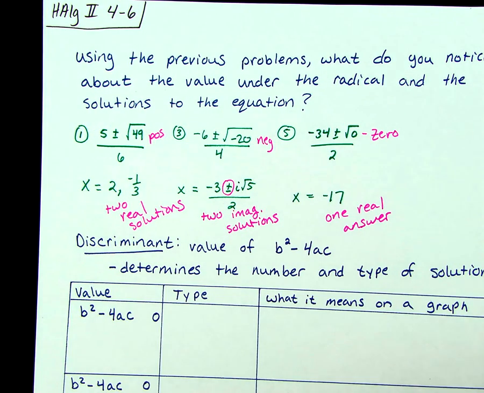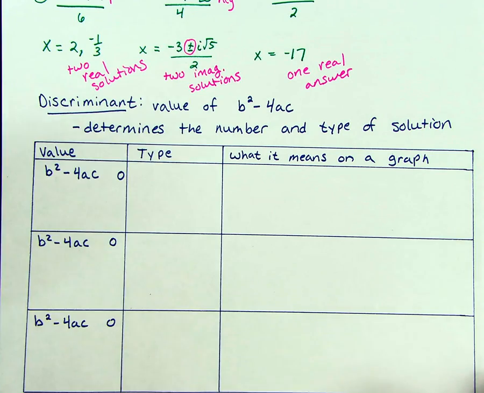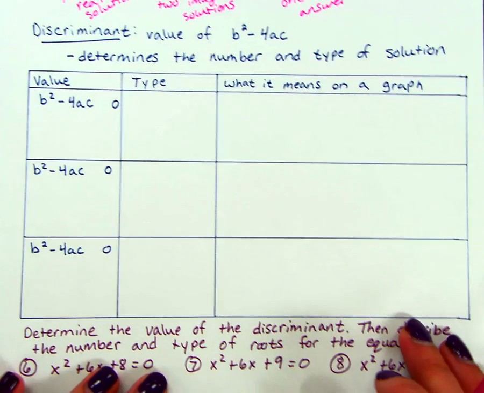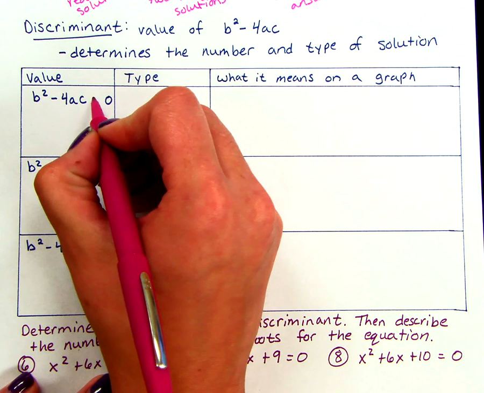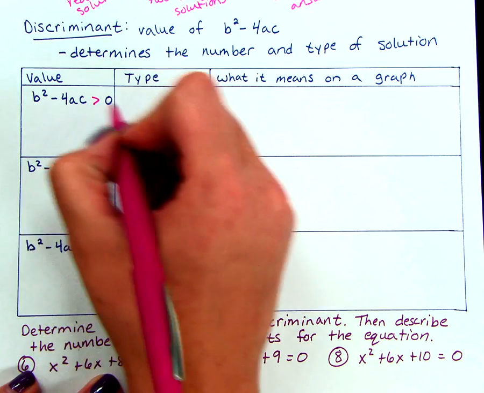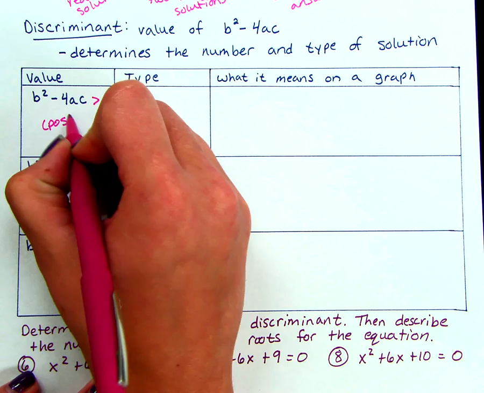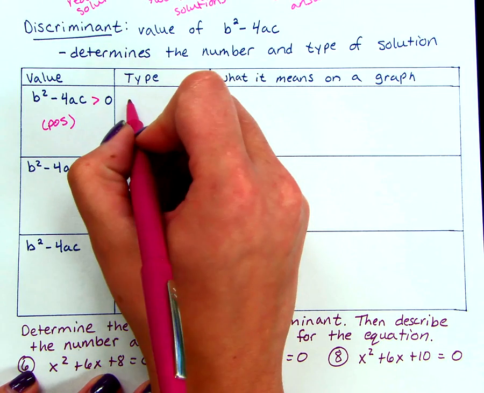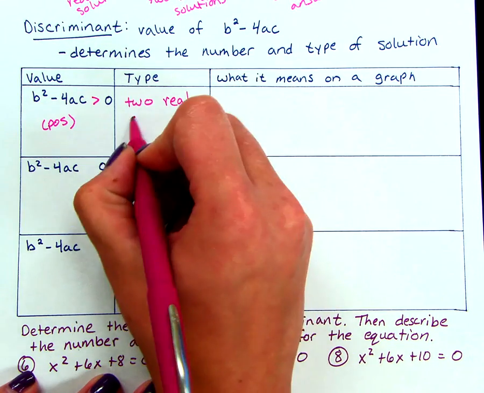Now the number under our radical is called the discriminant. And really this is going to determine the number and type of solutions that we have. So if our discriminant is bigger than 0, so it's going to be a positive number, that means we will always have 2 real solutions.